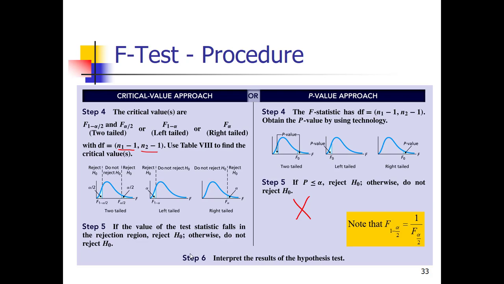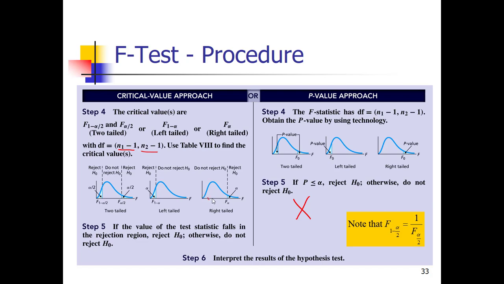Now I'm going to solve one question for you. First, I will repeat how we use this curve. This is the F that we find from the table. From the table, we have alpha and the degrees of freedom, so we can find the F from the table.